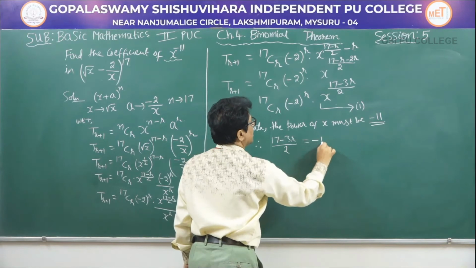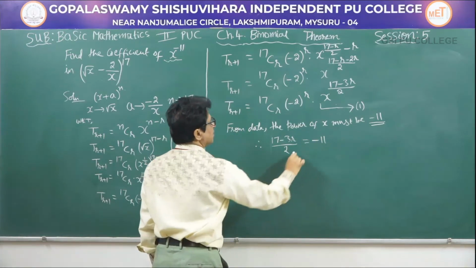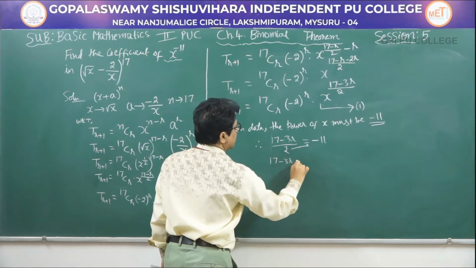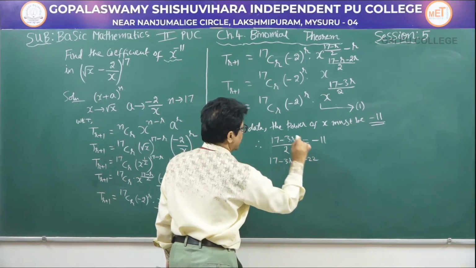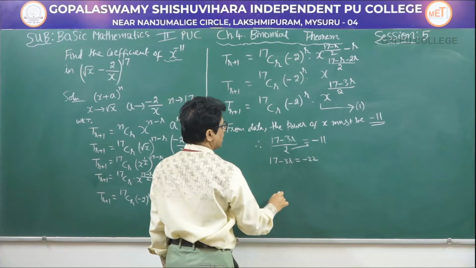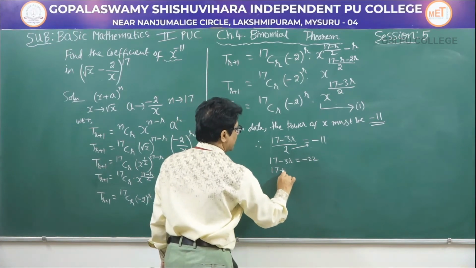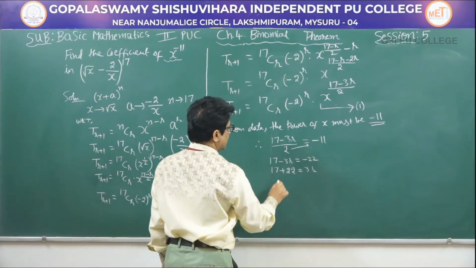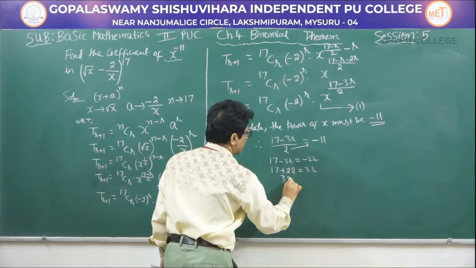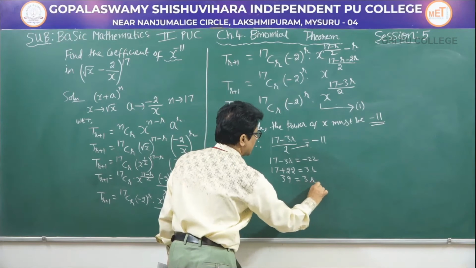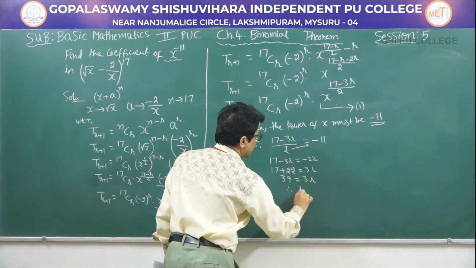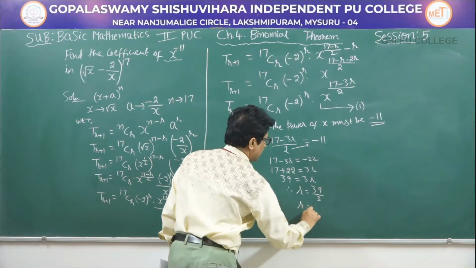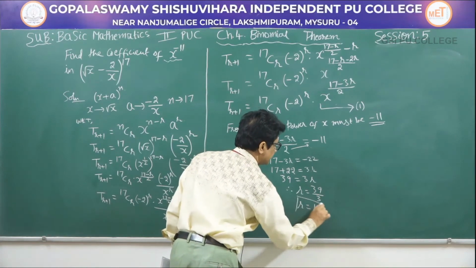That should be equal to minus 11. Cross multiplying, we get 17 minus 3r is equal to minus 22. So 17 plus 22 will be equal to 3r. 17 plus 22 is 39 is equal to 3r. Therefore, r will be equal to 39 by 3. So r equals 13.